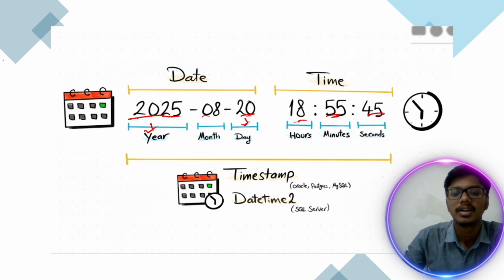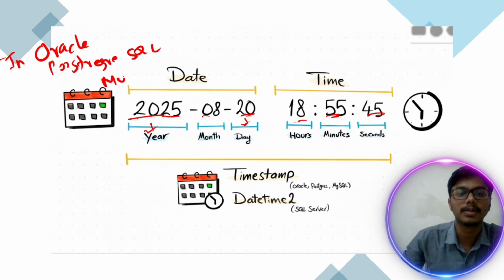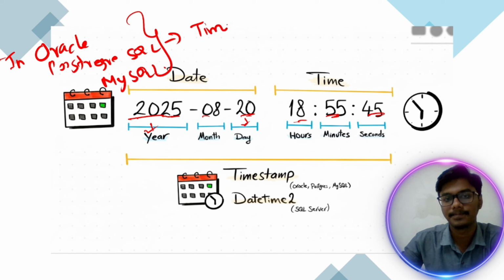In Oracle, PostgreSQL and MySQL, they will consider the DateTime as a timestamp.